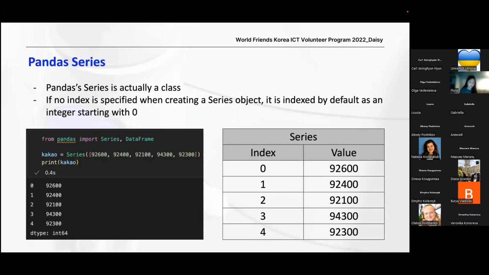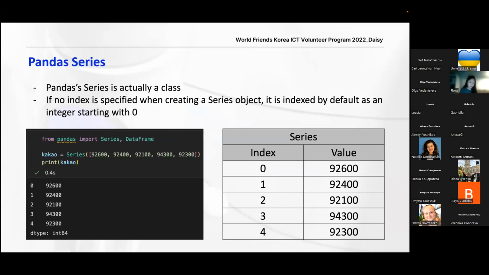Let's try to save cacao closing price data using series, and you hand over the Python list as follows to a constructor. It creates a series object that contains that value. If you didn't specify an index when you create a series object, it is generally indexed with an integer value starting from 0.